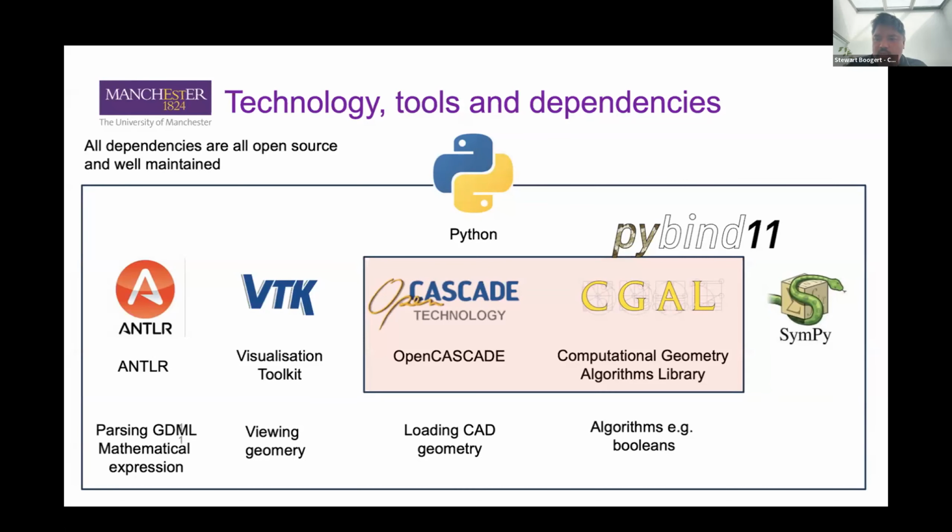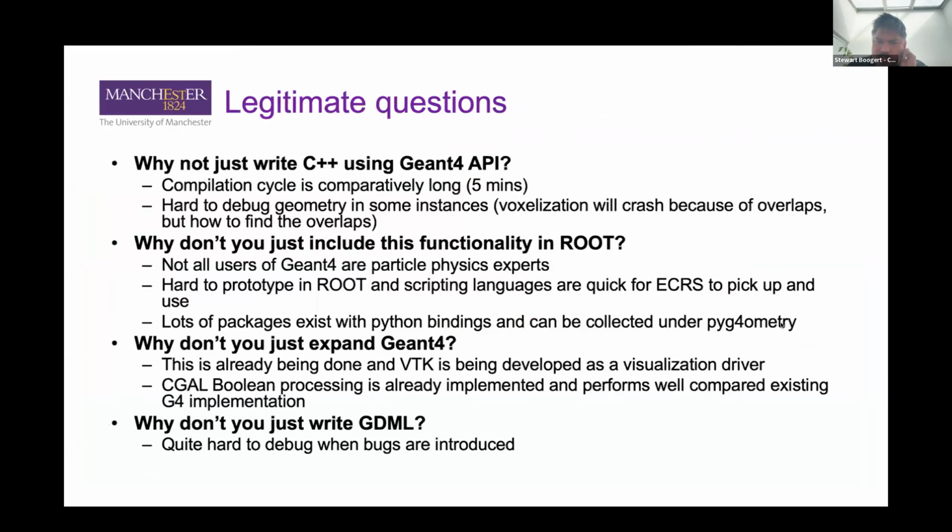SymPy could be used on input from ANTLR, where there's a complex mathematical expression that can be simplified. It's also useful for converting into FLUKA geometry, because you do end up with quite large mathematical expressions which can be simplified. So there are smatterings of SymPy in there.